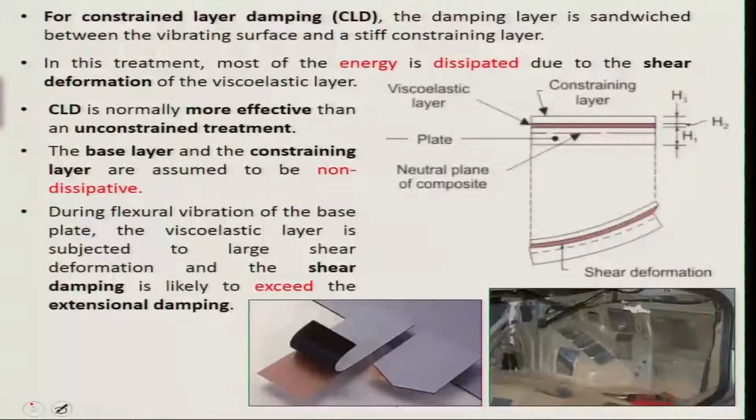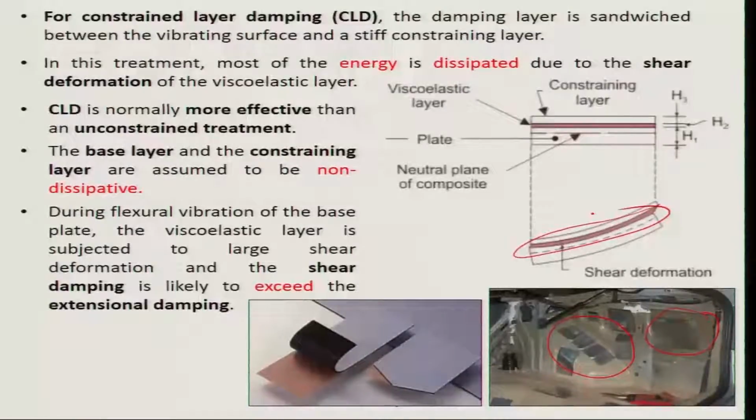Now, constrained layer damping is a little bit different from the free layer damping. As you can see, this is an aircraft where these constrained layer dampers are actually utilized. Here you have a constraining layer, and hence the flexural expansion of the viscoelastic material is not happening; rather, a kind of shear happens.